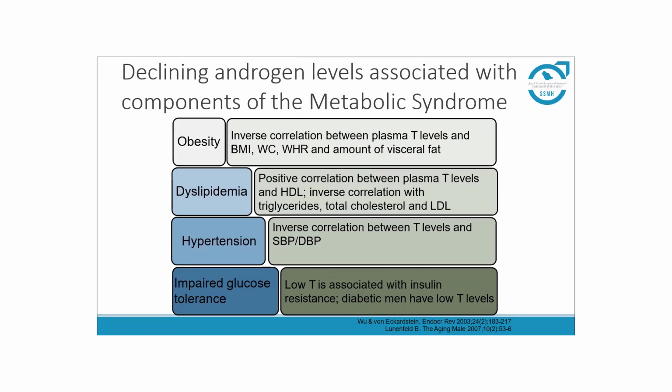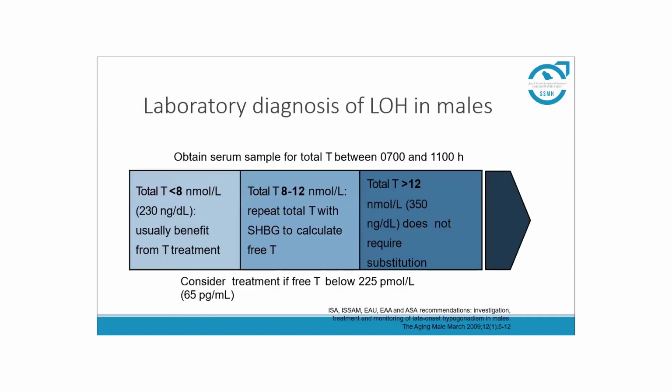In patients with impaired glucose tolerance and diabetic patients, low testosterone is also associated with insulin resistance, and diabetic men would usually have a lower T level. So what do we need to do to diagnose late onset hypogonadism in males? Obtain a serum sample of testosterone that's early morning, between 7 o'clock and 11 o'clock in the morning.